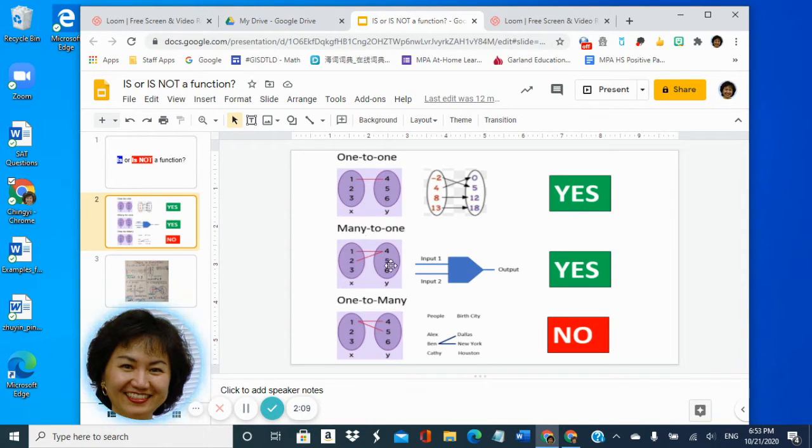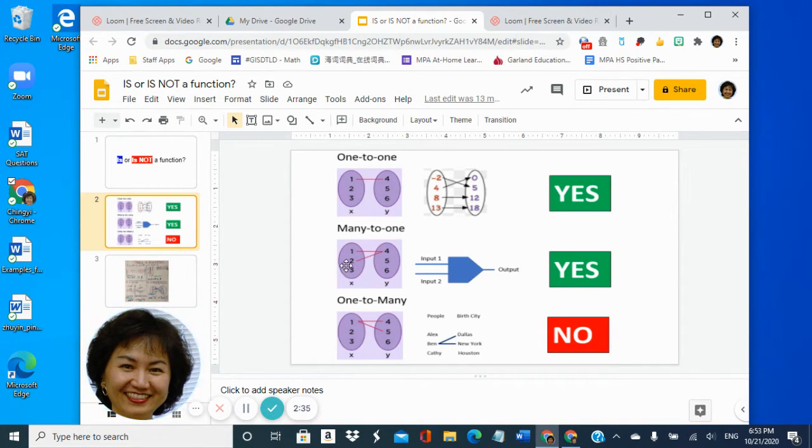The second rule is a many-to-one relation. That means you send different input into that machine, you might get the same output. That is still a function. Like this example here, you send 1 into it, you get 4 out.